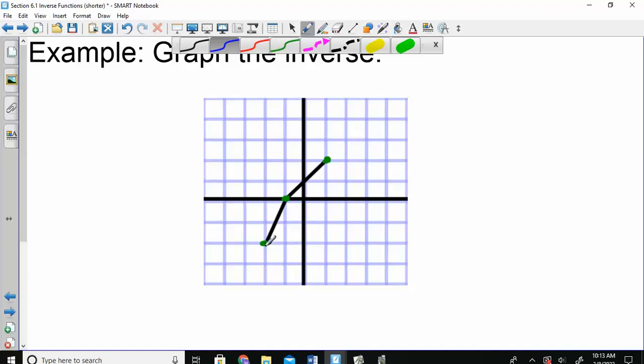So the first point on my graph I have is -2, -2. So when you flip it, it stays the same. Then I have -1, 0. So that would be 0, -1. I have 1, 2. So that would be 2, 1.